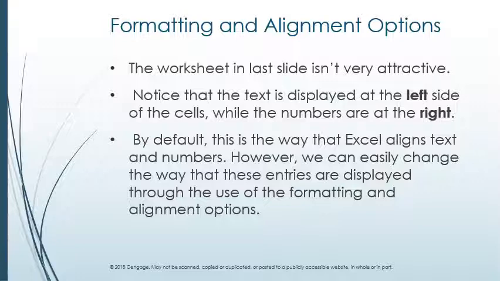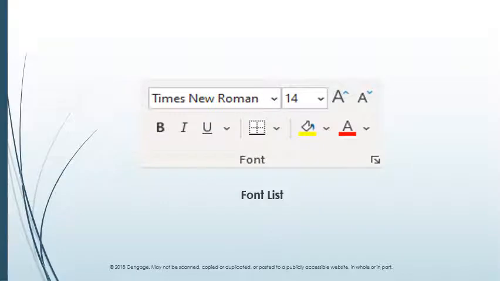When we want to change the font of the text that was entered to Times New Roman 12 points and bold, we should first select the range of cells, and from the Home tab, click on the font list to see the font choices and select Times New Roman from this list.